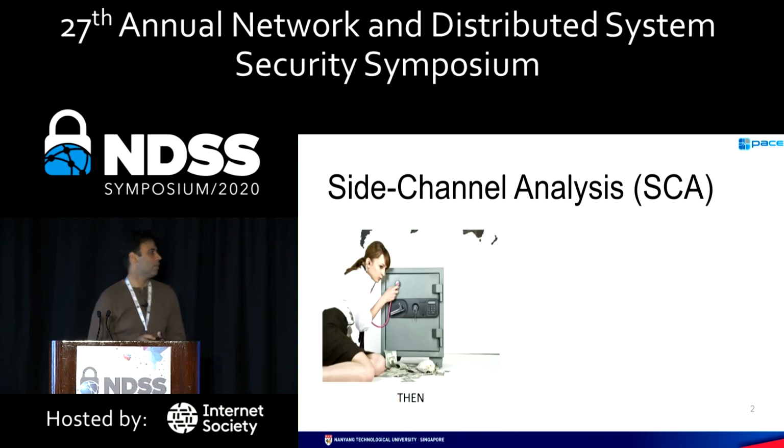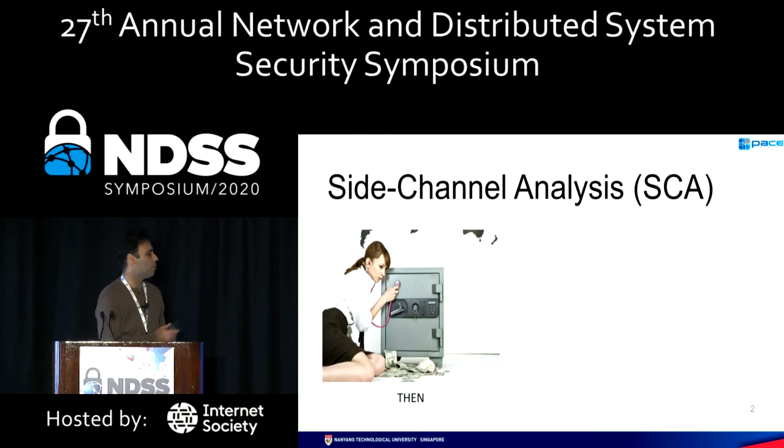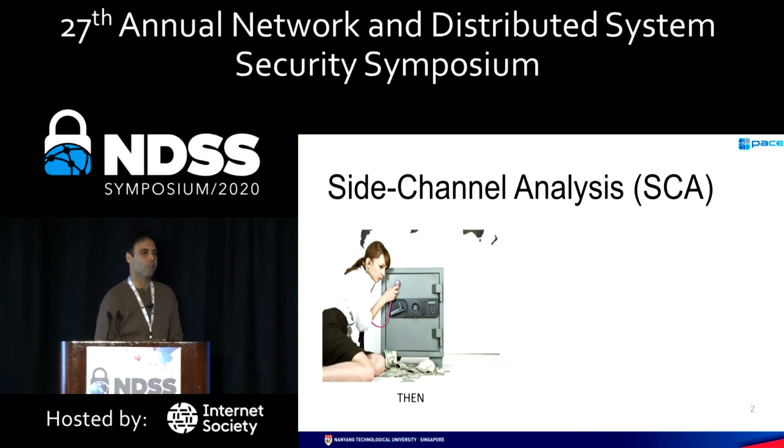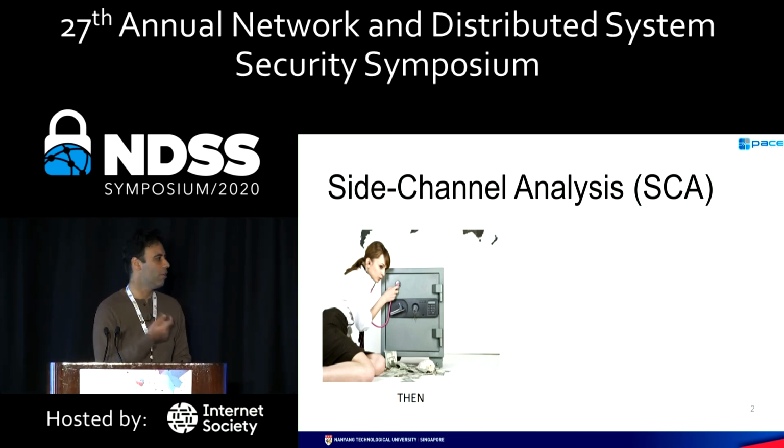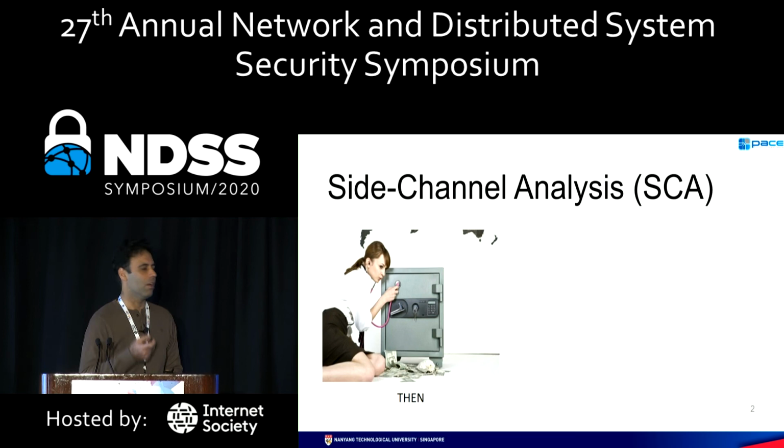So to go down to the very basics, side channel is not, I wouldn't say, something new that we have seen 20 years ago. It used to exist before. And this can be demonstrated in a very simple example where you're trying to open a lock, and just by listening to the sounds of the lever, try to get to the code rather than brute forcing all the possible combinations.